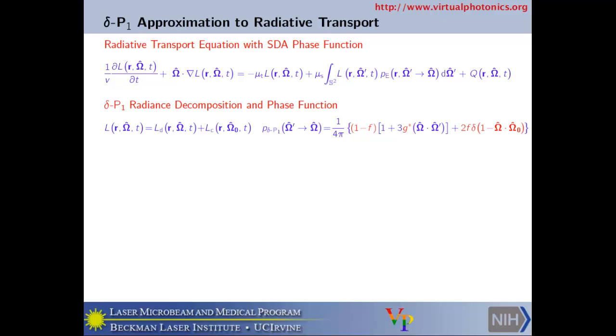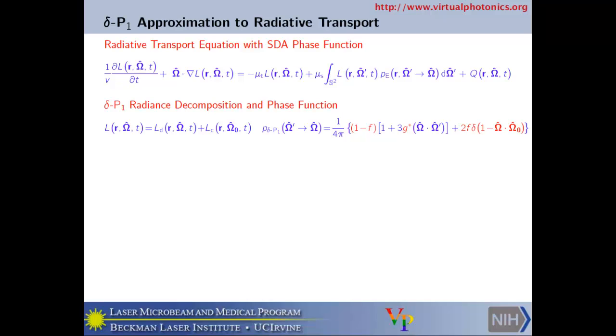We saw that for many tissues the typical single scattering anisotropy is 0.8, 0.9, 0.95. As a result, if you describe the radiance and the phase function by this simple isotropic term plus a cosine theta term, you're not going to do a very good job with fields that are highly collimated, highly forward directed.